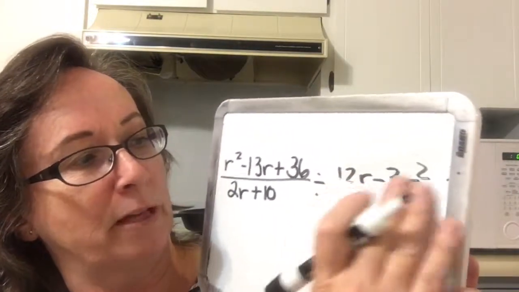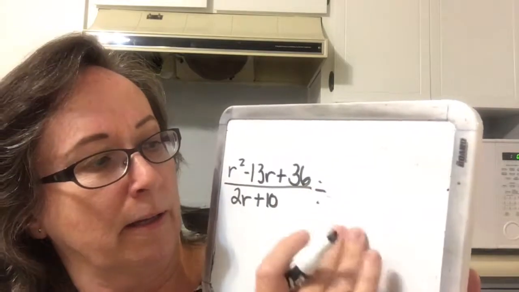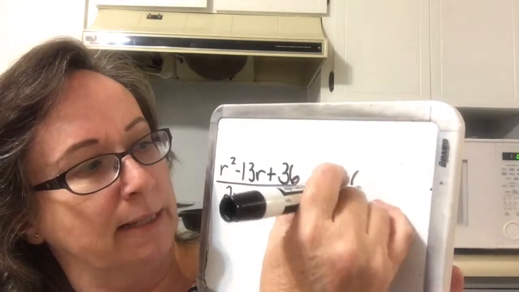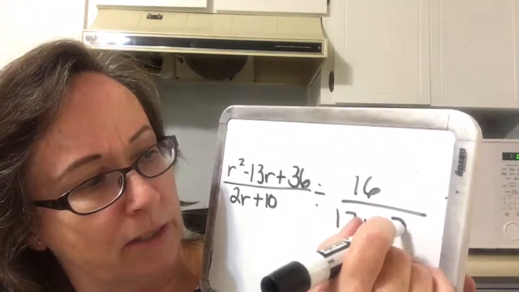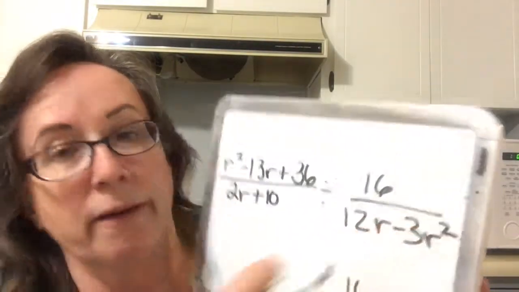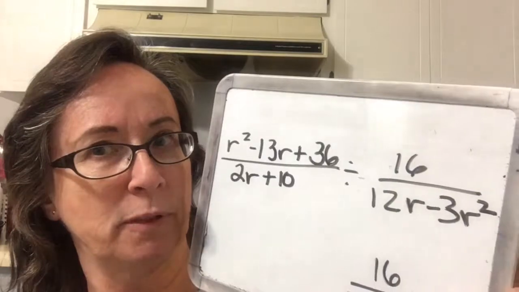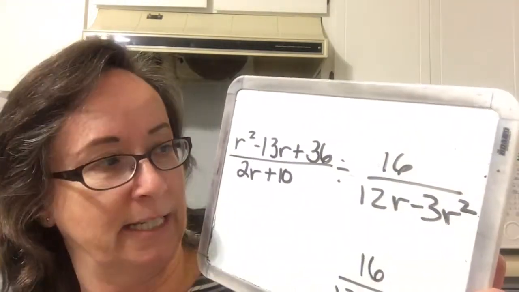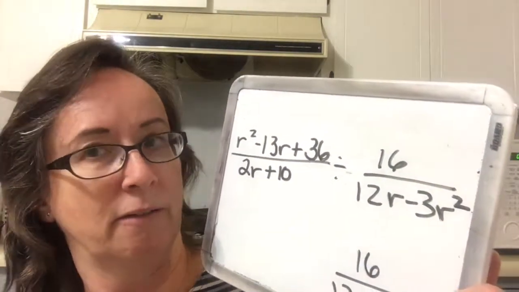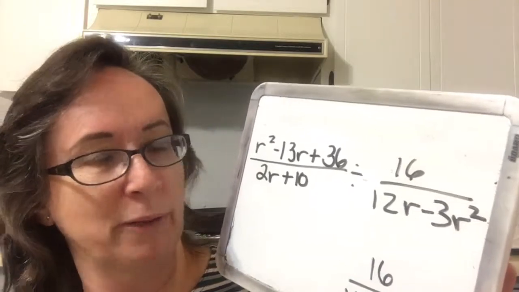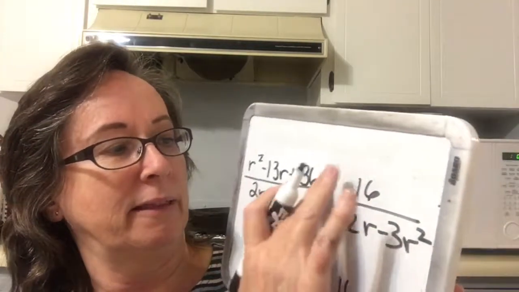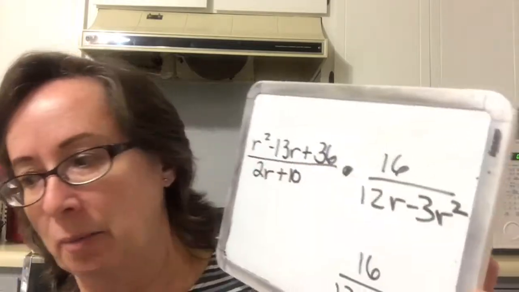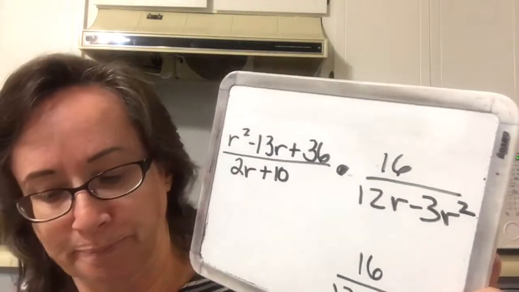So we're going to flip this over and move it up. 16 over 12r minus 3r squared. When I write these on my paper to do them myself on a test, I flip them right away. So I don't even write them with a division sign. I write them as a multiplication problem.